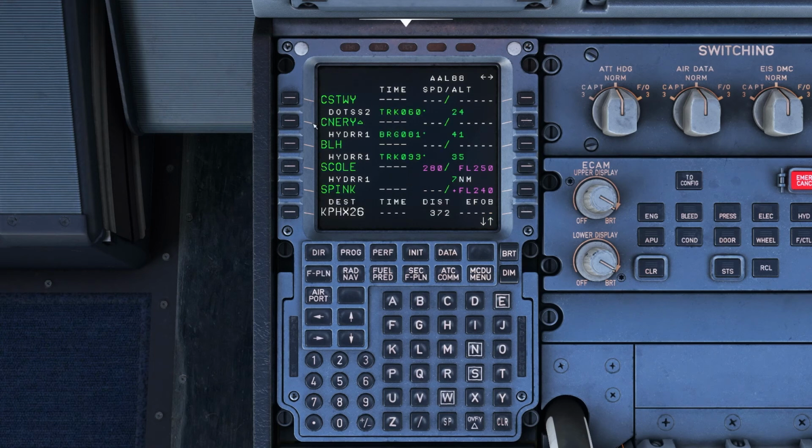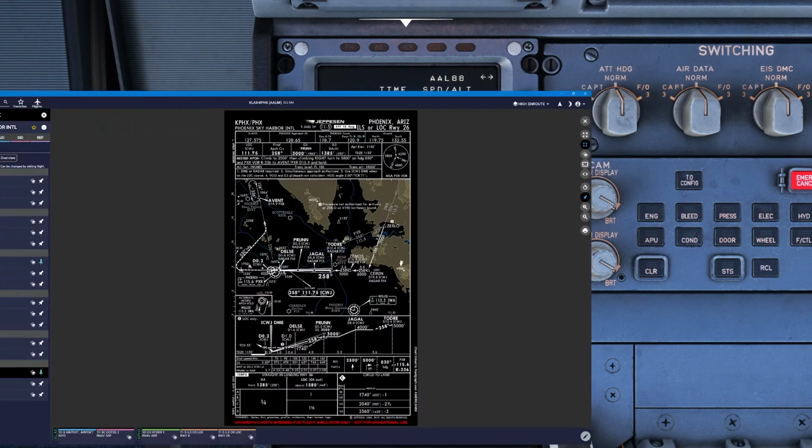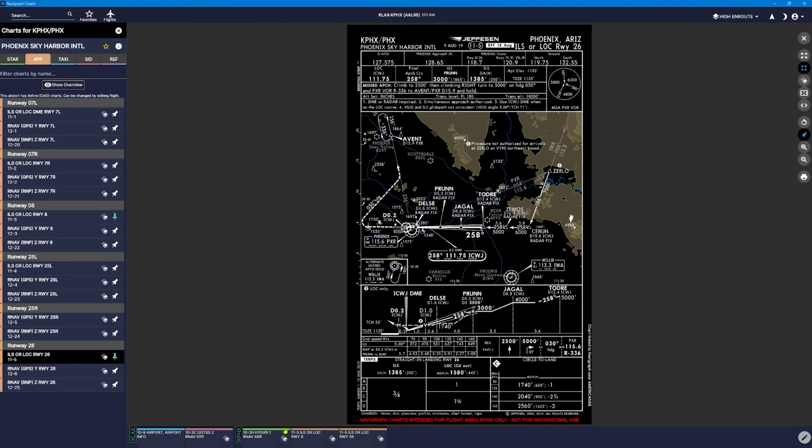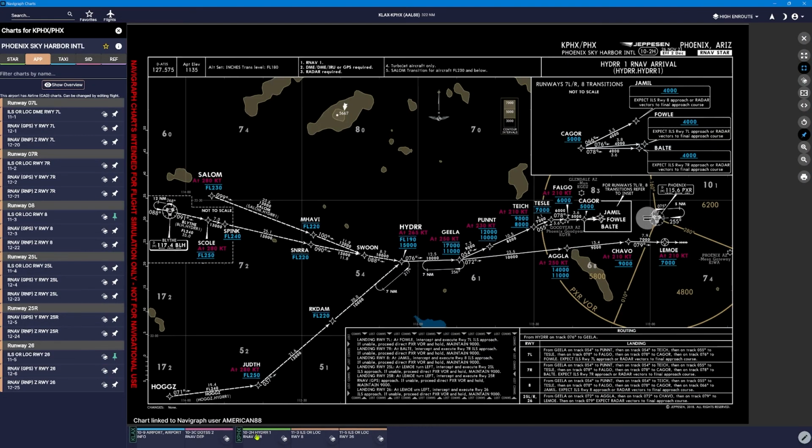So now we're going from Connery to BLH to Skoll to Spink, right? To Sonara, Swoon, Hider, Gila. Now after Gila is like the main point in this arrival. So let's take a look at the arrival. Because look, here's Gila right here. And then all of a sudden it splits off in two different directions.